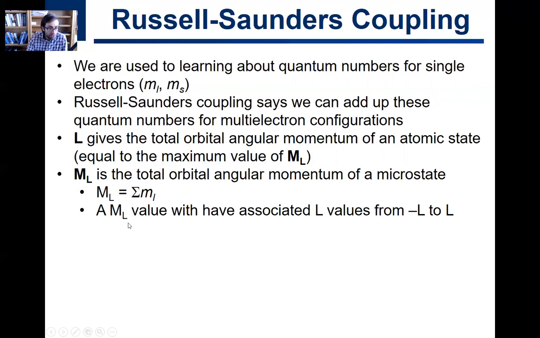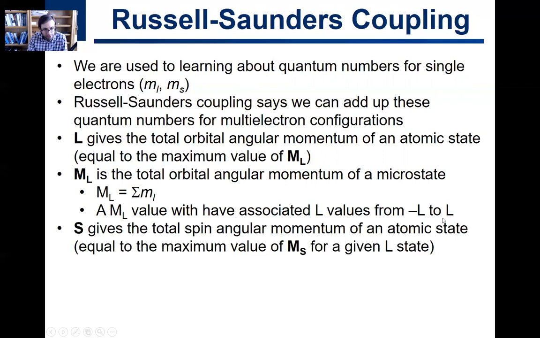And capital M sub L has associated values that can range from negative L to positive L, integer values. Same exact thing with S, okay? Capital S is the total spin angular momentum of an atomic state. It's equal to the maximum value of capital M sub S for a given L state.